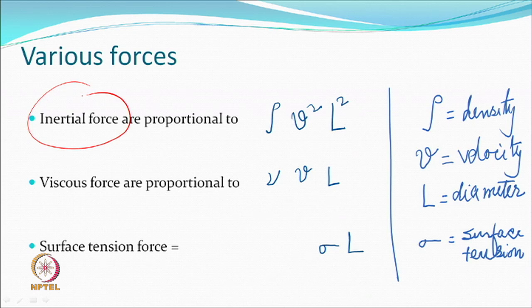The viscous forces are proportional to the viscosity, the velocity and the diameter. Surface tension forces are proportional to the surface tension, which is the interfacial tension, the air versus liquid interface, and of course the length, diameter, and so on and so forth.